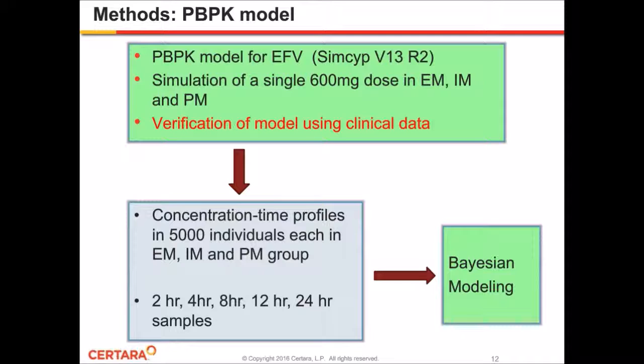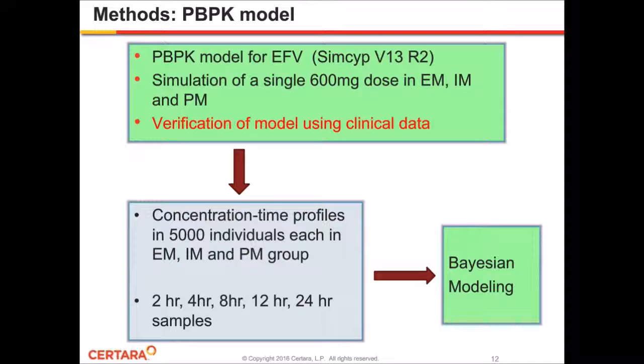So once we were satisfied that the model was acceptable, we then simulated concentration time profiles in 5,000 individuals in each of those groups. So you'll see from there that we had something like 15,000 individuals to be used as a training set for our Bayesian modeling. We then went further and isolated samples at 2 hours, 4 hours, 8 hours, 12 hours, and 24 hours.